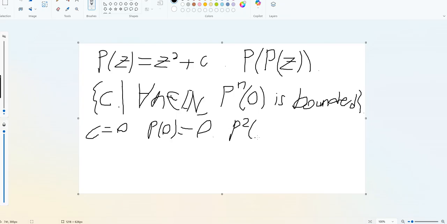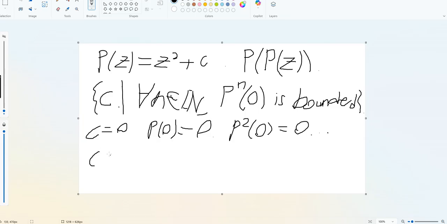And then the second iterate is also going to be 0 and so on. So certainly 0 is in the Mandelbrot set. And I won't go through all examples, but it turns out that there are many numbers where that's not true. In fact, most values of c will make this not true.